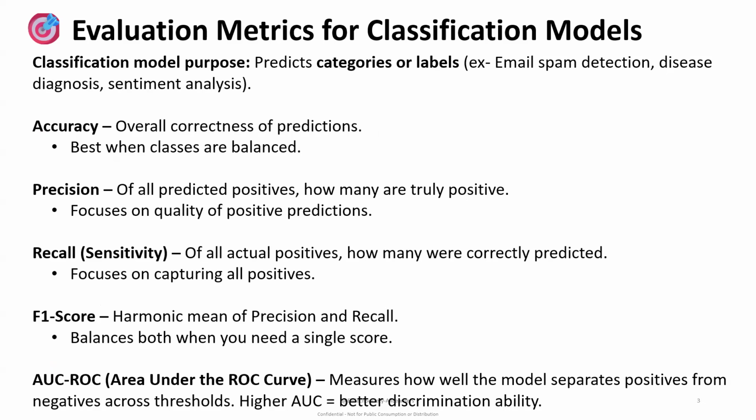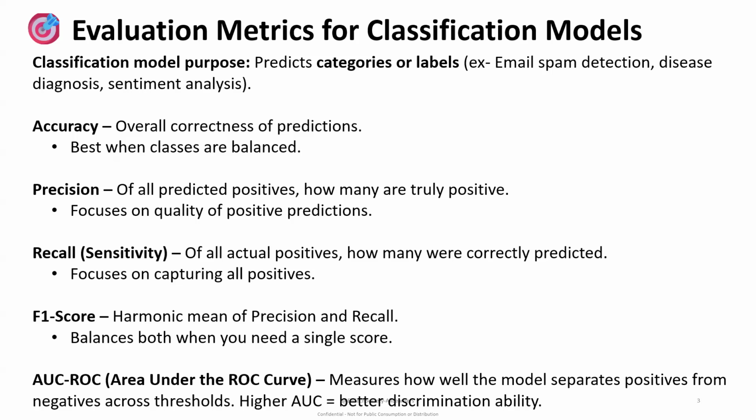These models are used, for example, in email spam detection, whether an email is spam or not, or sentiment analysis. In short, if you want to identify which category something belongs to, these kinds of models are used.